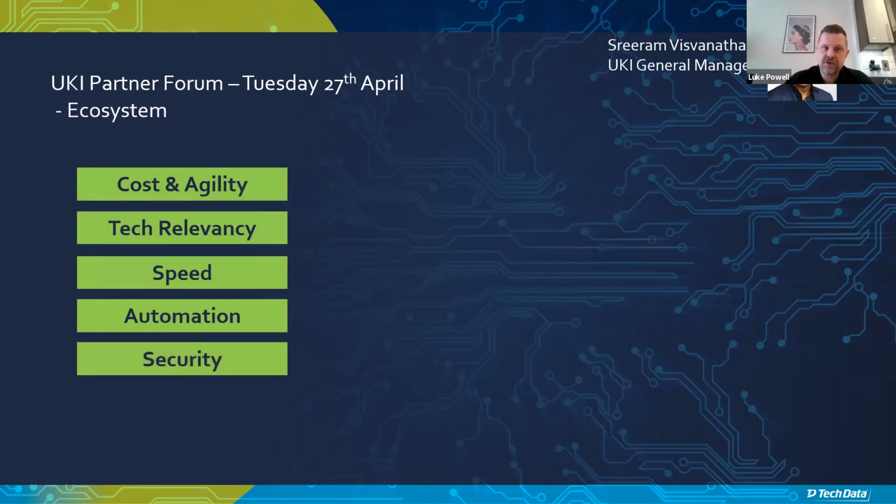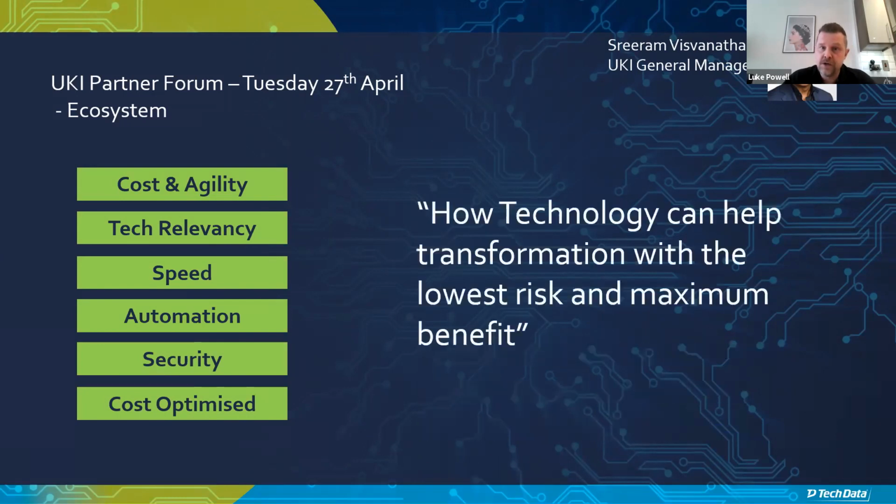So cost and agility is high importance, tech relevancy, speed, automation, security, and cost optimization, right? How can technology help with digital transformation with the lowest risk and maximum benefit? That was one of the key things that I took away, and I thought about that when we were putting this slide deck together.